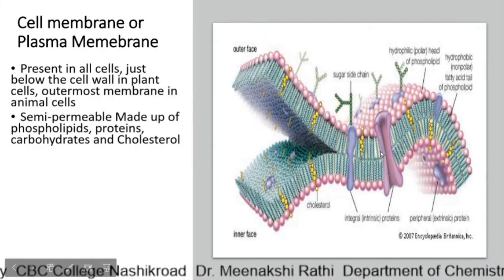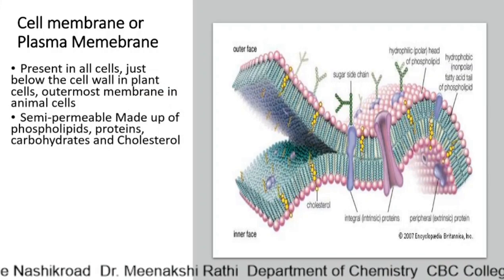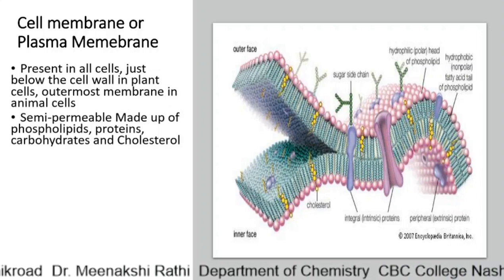It lies just below the cell wall in a plant cell, while it is the outermost membrane in animal cells.